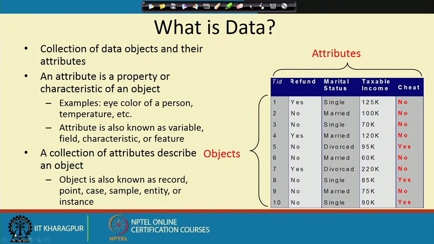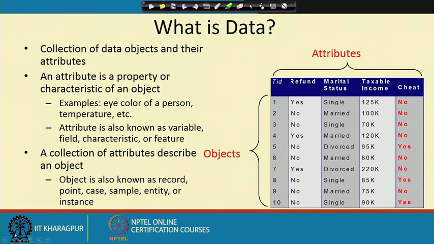Similarly, what is the marital status, single or married? Similarly, what is the tax, the taxable income the person has paid. So, these three values somebody who has applied for a loan will write down in the application, and these values are my data for that particular application, for that particular person.